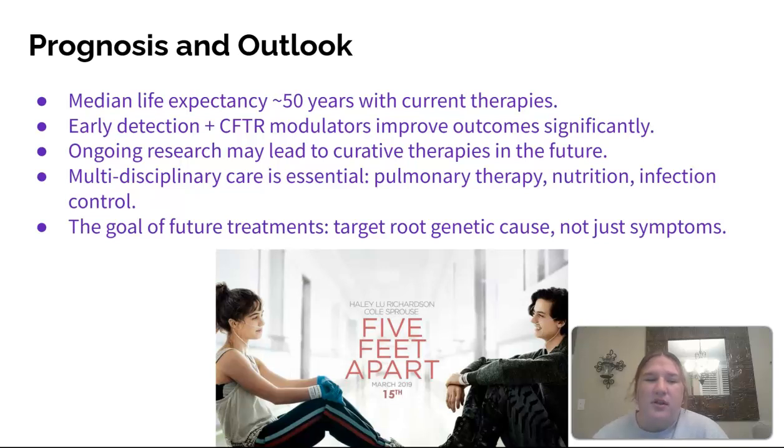And then multidisciplinary care is essential, so targeting the care at a multitude of angles, like pulmonary therapy, nutrition, infection control, the antibiotics we talked about, helping the digestive system as well as the respiratory system is really helpful because it goes at the disease at a bunch of different angles. And the goal of future treatments is to target the root genetic cause, not just symptoms.